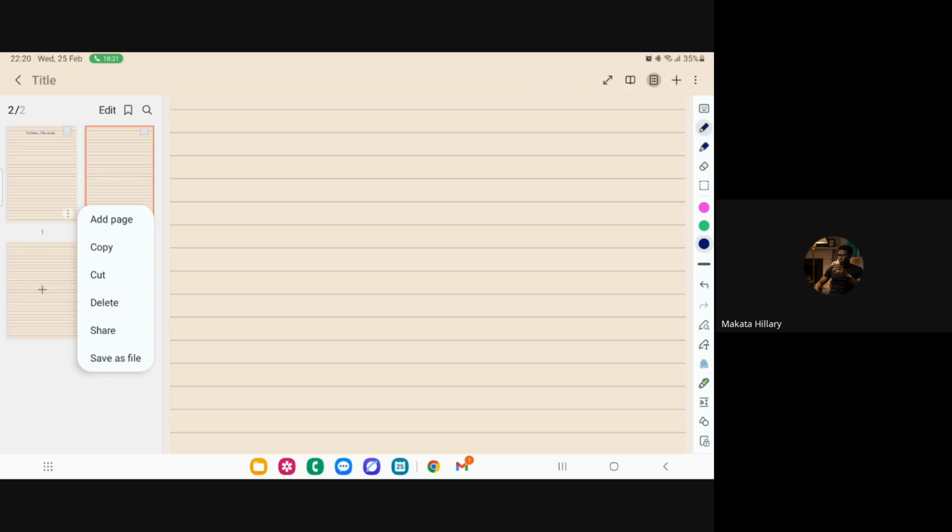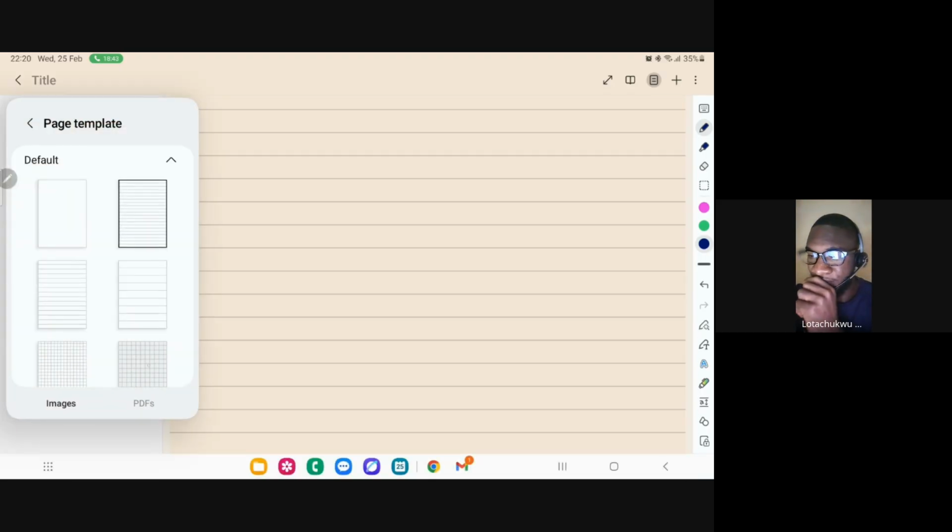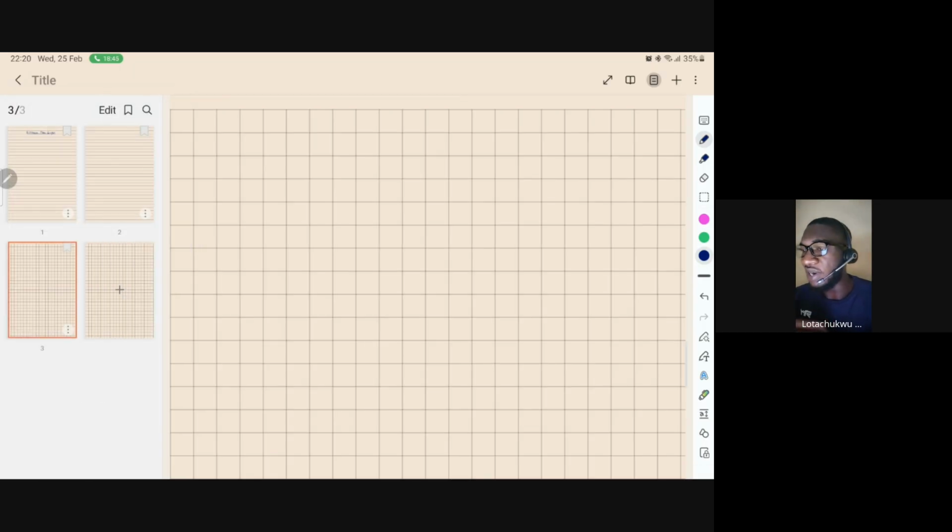The y-axis of this graph is the distance traveled, while the x-axis is the time, right? That's why we call it a distance time graph. You're plotting distance against time. Let's just plot a graph this way. You have a line running through this way, and then another line running through this way.